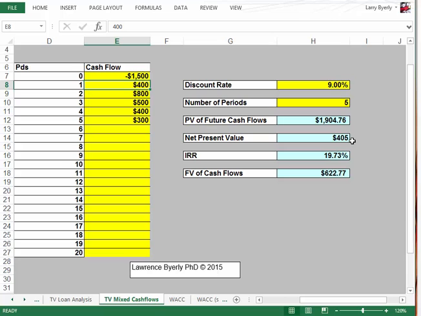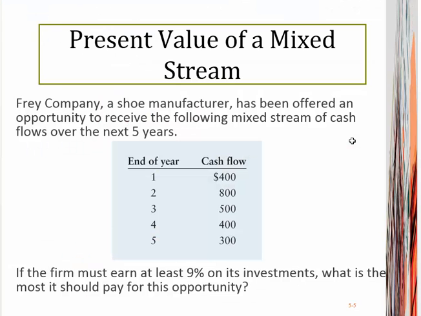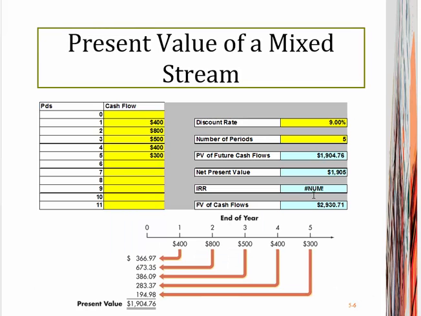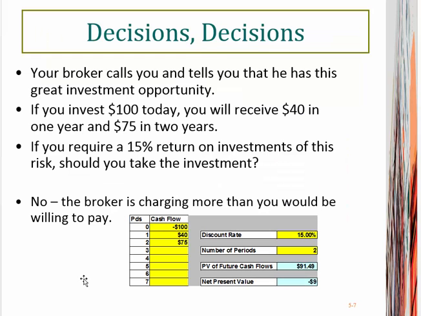So you would have a benefit. You would be getting more than what you would be paying for it. Again, there are our answers. We can do it on the computer, by hand, or with a financial calculator. The answer is roughly $1,904.